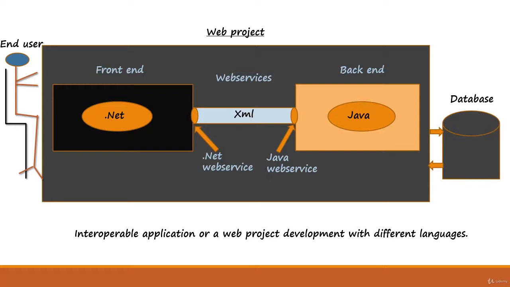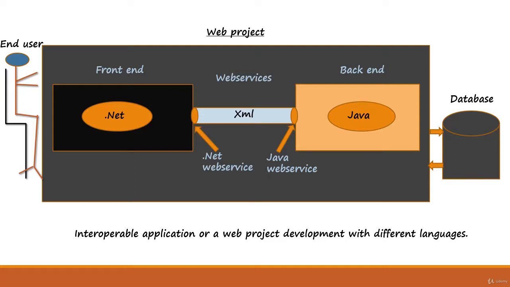It is possible through XML and web services. XML takes the object coming from .NET and converts it to Java, and sends the data to our backend program by using web services programs.